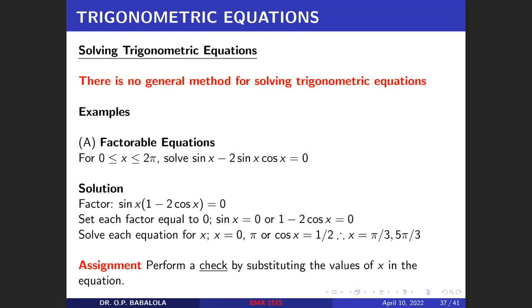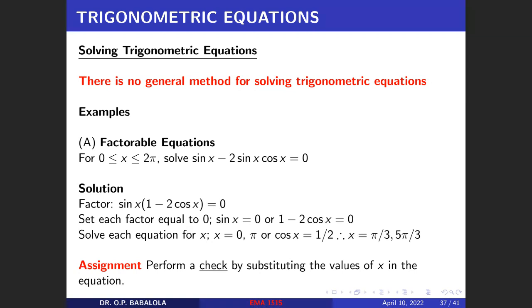If you look at this example, where we want to solve sine x minus 2 sine x cos x equals 0. The first thing I had to do is to factorize. Since we have sine x in both terms, sine x minus 2 sine x cos x, I factor out sine x.